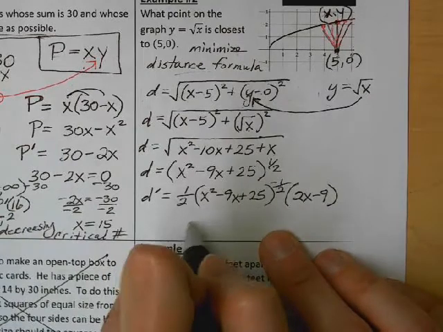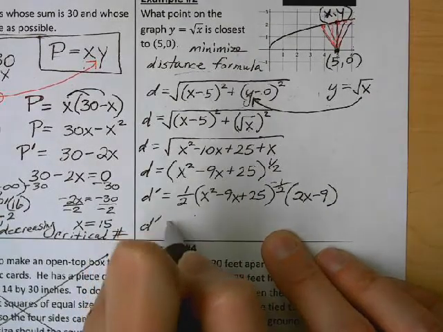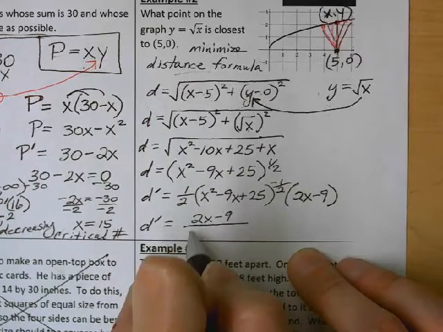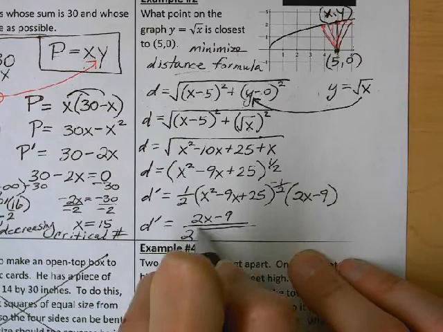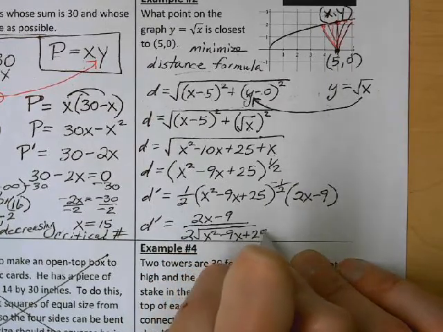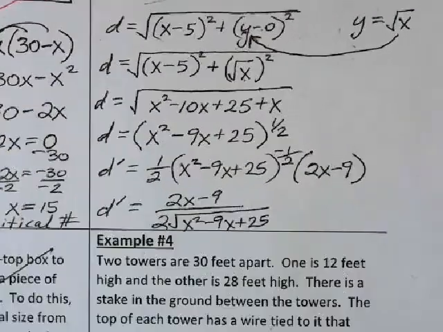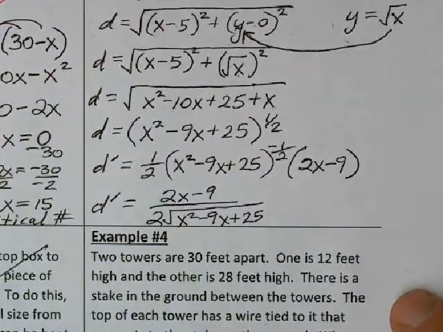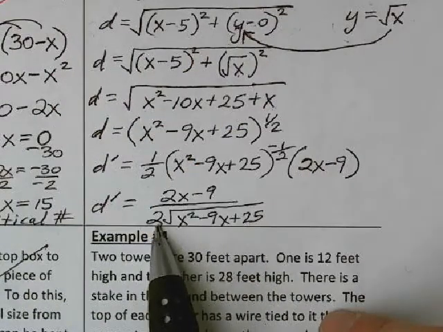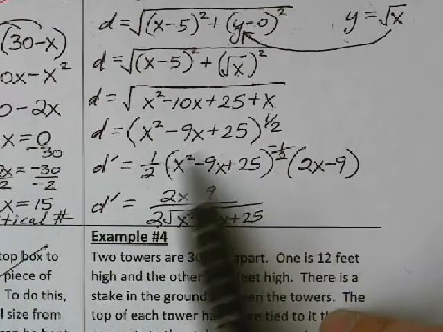So I would put it now back as a fraction. D prime equals 2x minus 9 over 2 square root of x squared minus 9x plus 25. See the 1/2, so there's a 2 on the bottom from the 1/2. This goes to the denominator. That's square root of all that in the denominator.